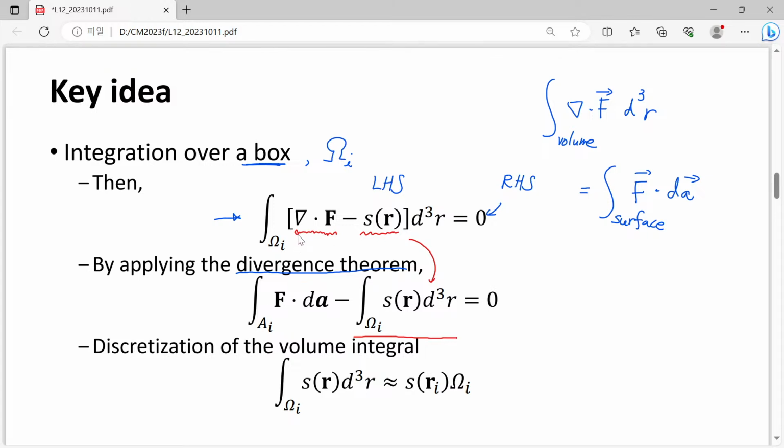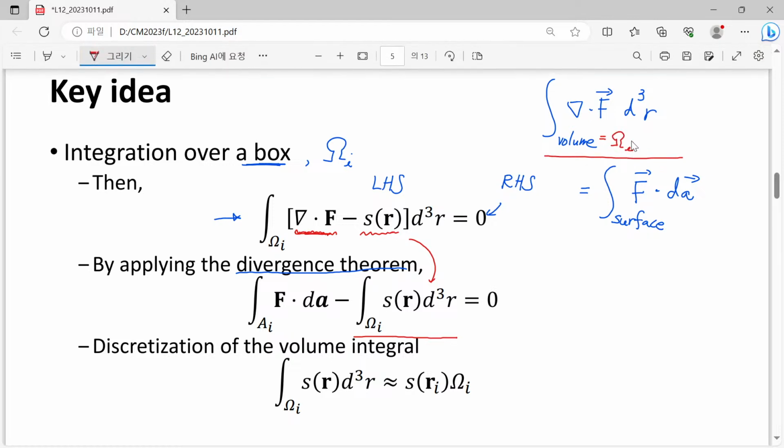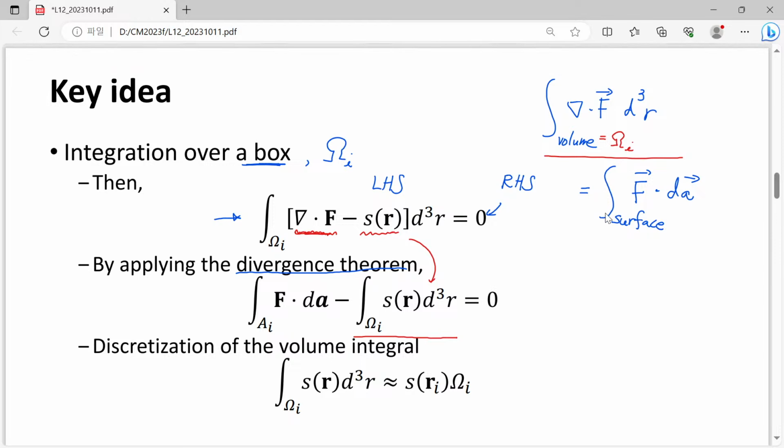In the case of this first term, we now have exactly the same one shown here. The volume is actually omega sub I. Then, by applying the divergence theorem, we must have the surface of our volume omega sub I. What is it?